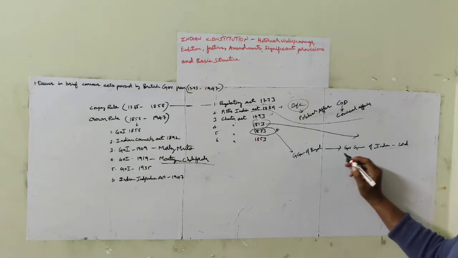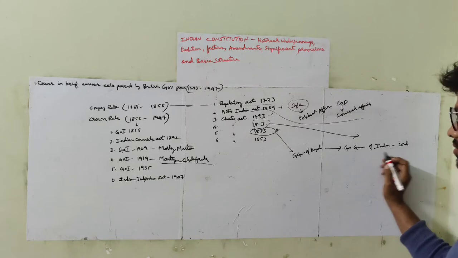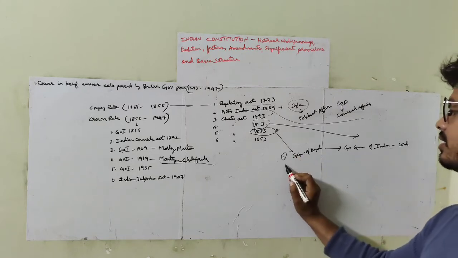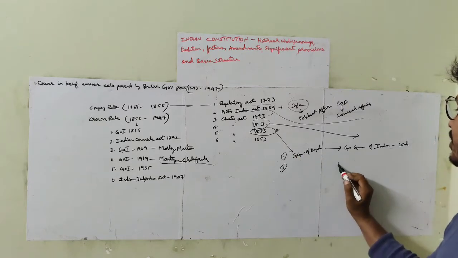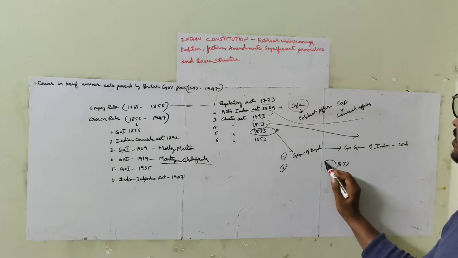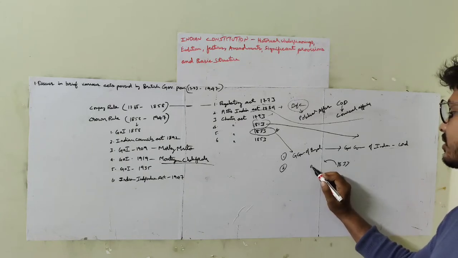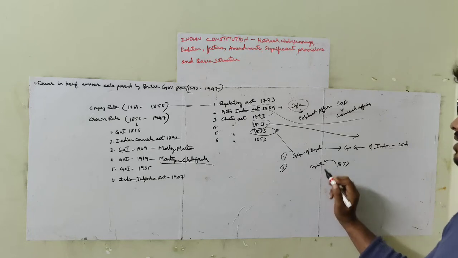Governor General of Bengal was changed to Governor General of India. This was the major change, and before 1833, the acts were known as regulations. The changes were known as regulations.